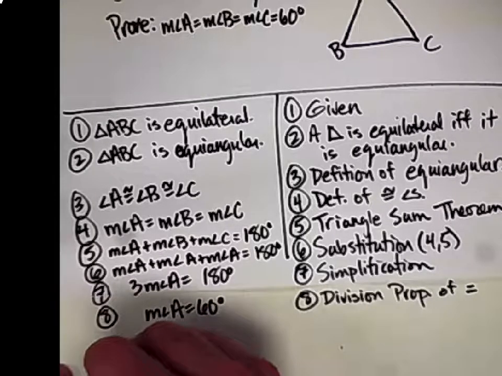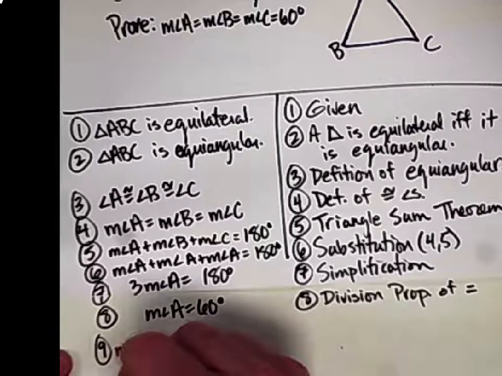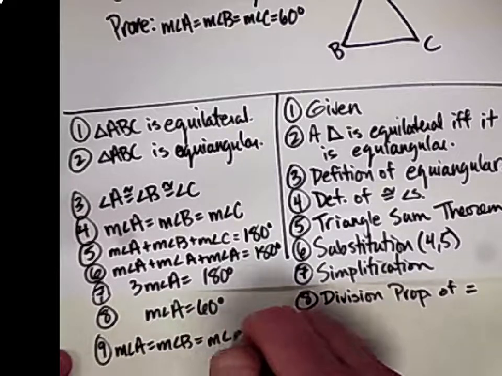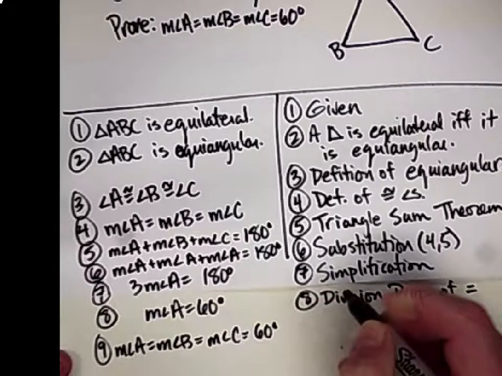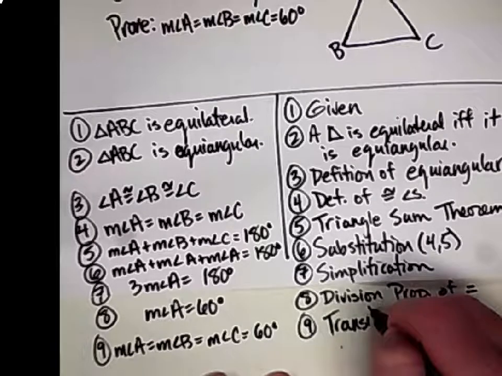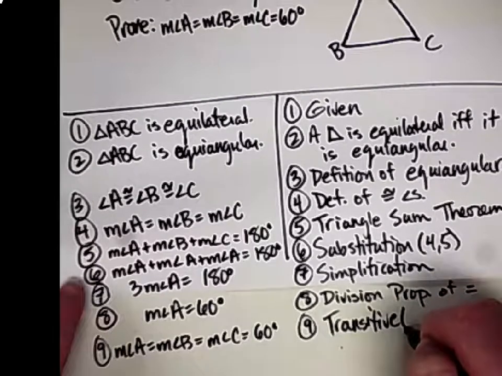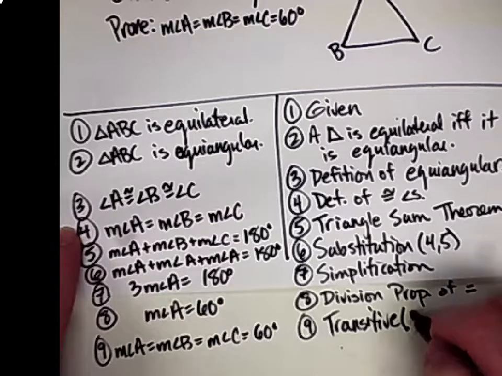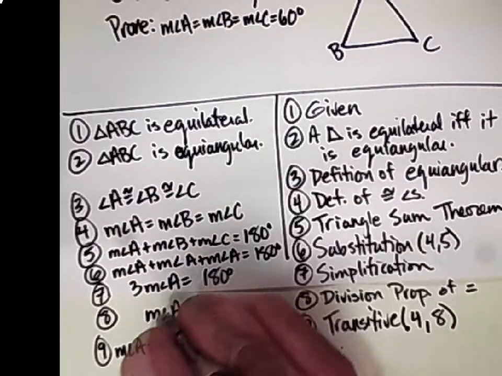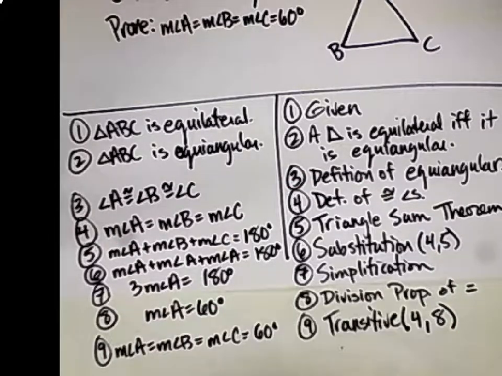So that means measure of angle A equals the measure of angle B equals the measure of angle C equals 60 degrees. And that is the transitive property with steps 4 and 8. Right? Because 4 said they're all equal, and 8 said A was 60, so that means they're all 60. And we're done.